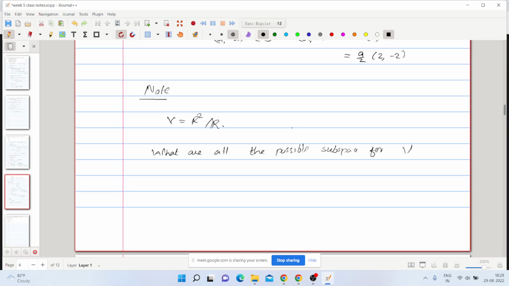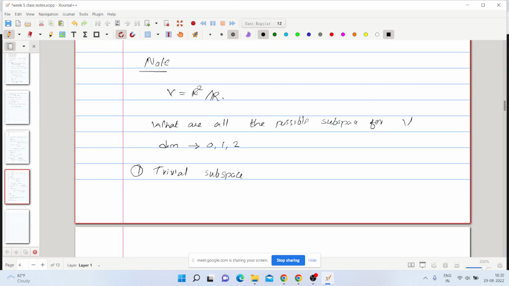So for R2, what are all the possible subspaces? We know that the possible dimensions are 0, 1, 2. So 0 as the dimension, we already said, is the trivial subspace. So one subspace is our trivial subspace.